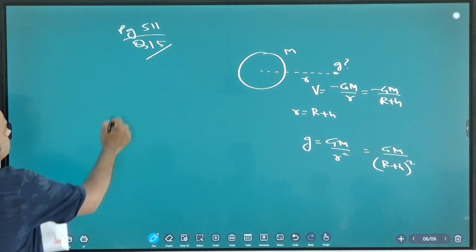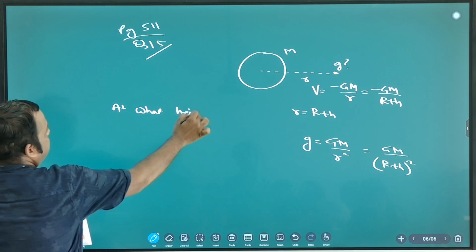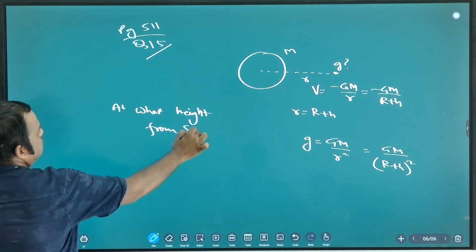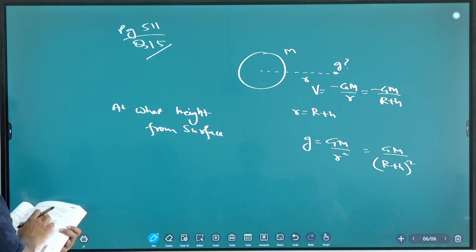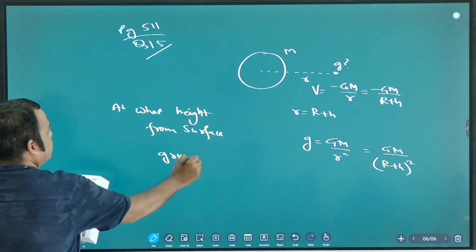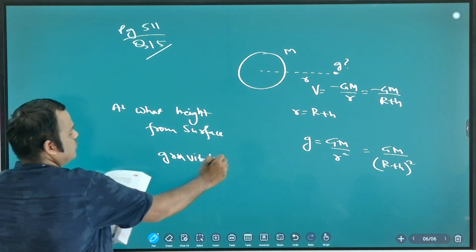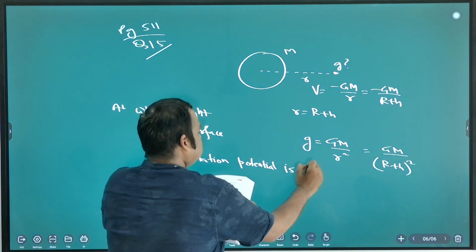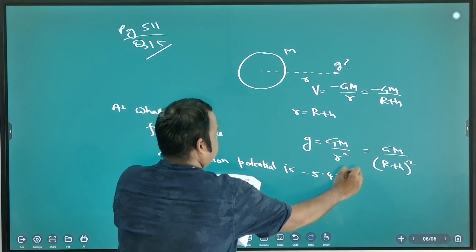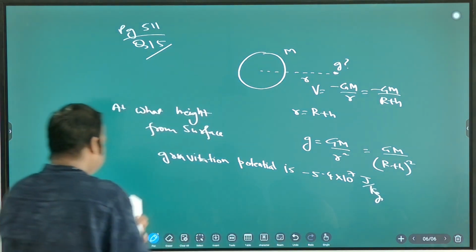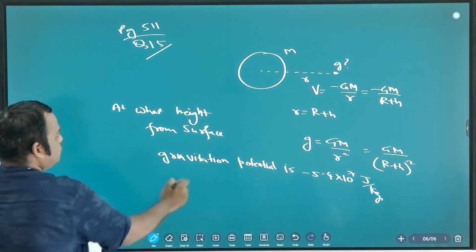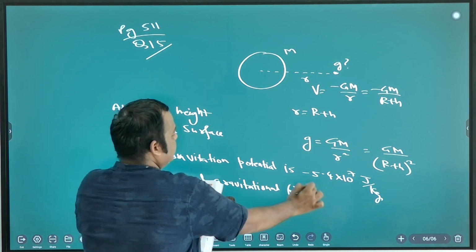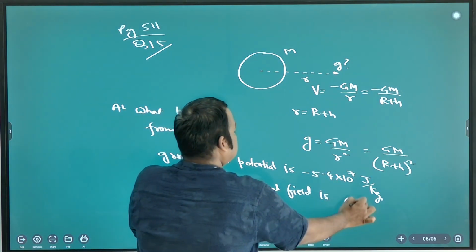So the question is, at what height from the surface the gravitational potential is minus 5.4 into 10 raised to 7 joule per kg, and the gravitational field is 6 meter per second square.